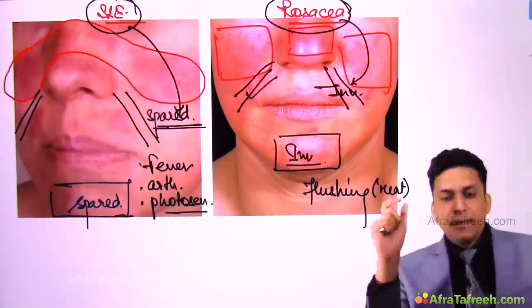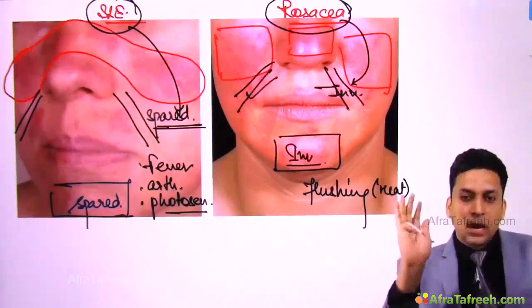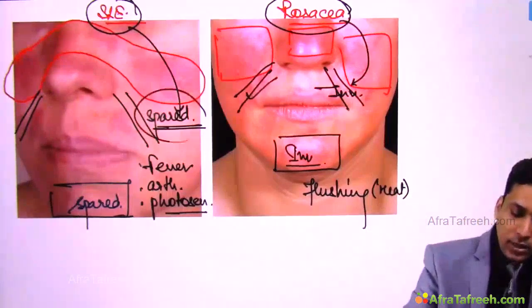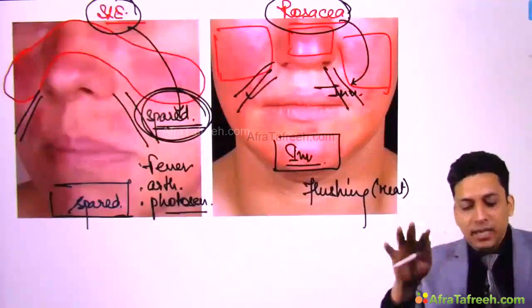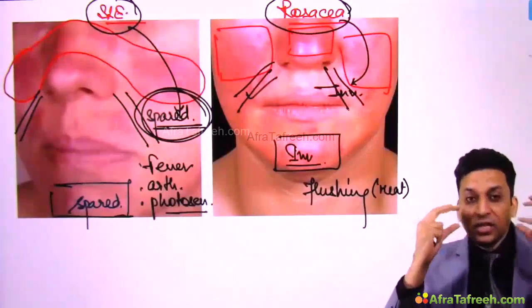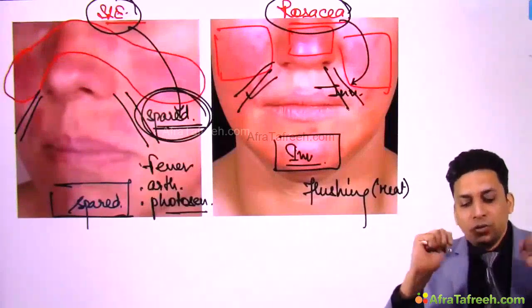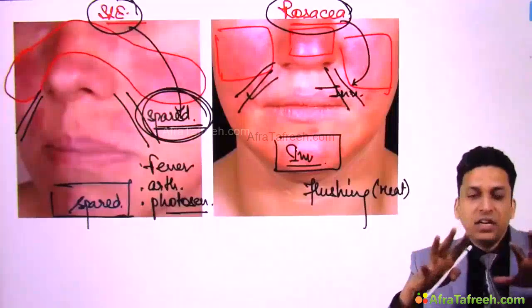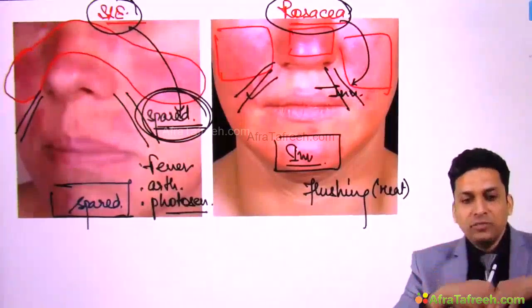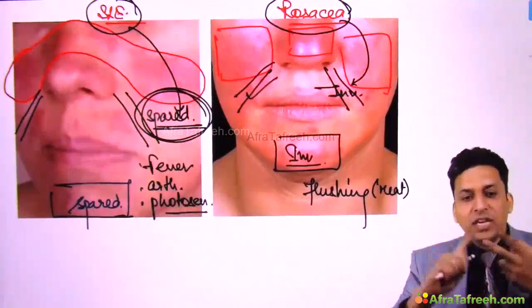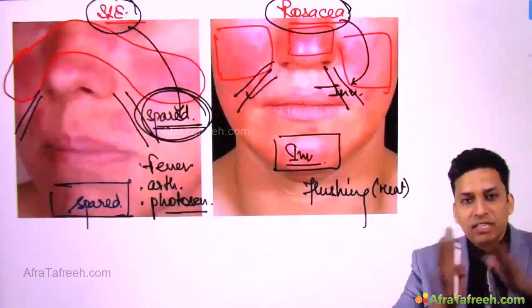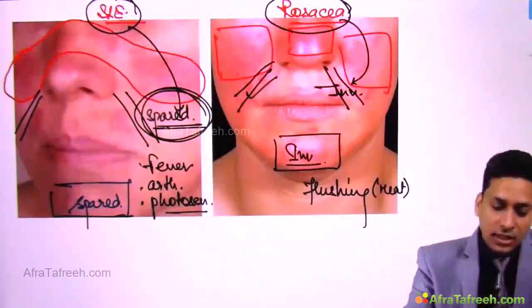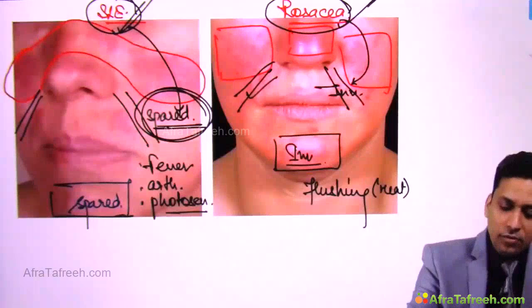Okay, so with the help of these points you can very easily differentiate, but among these the most important one is the nasolabial fold. So examine the nasolabial fold. If they are spared, it is probably SLE. Okay, so if characteristic butterfly rashes are present, well and good, you can very easily identify them. But if you are ever confused, then look for these points. With the help of these points like flushing, photosensitivity, other systemic manifestations, nasolabial fold, you can very easily differentiate these two conditions. So this is a case of SLE, while this is a case of rosacea.